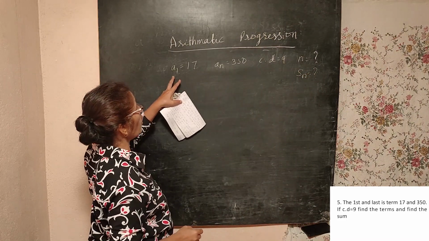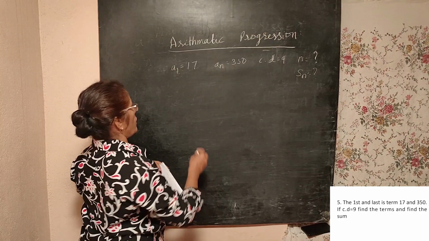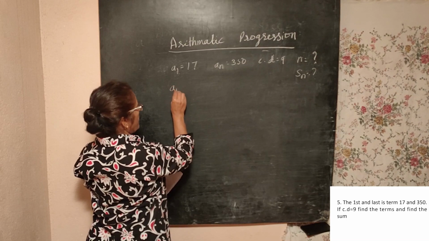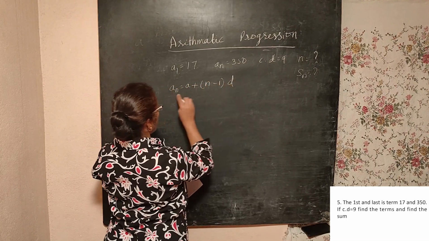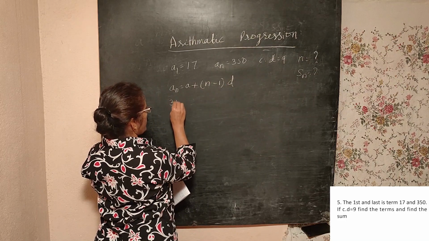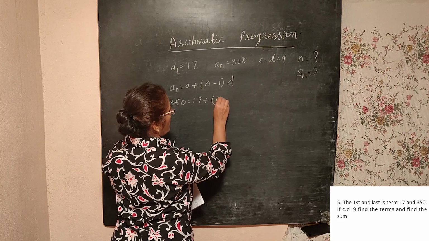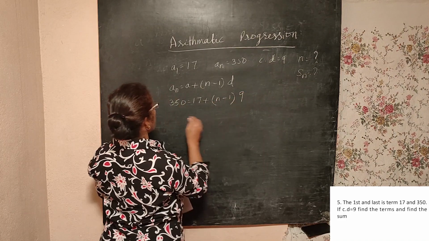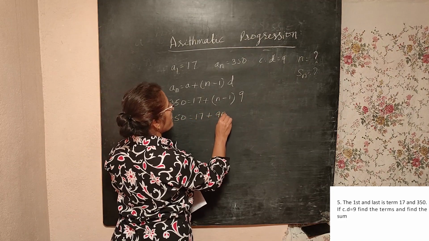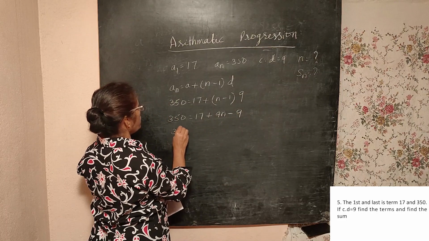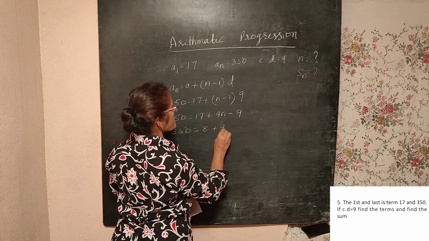So once I know An and A and common difference, I can find out what n is. I can use the formula An = A + (n − 1) × d. An, how much? 350 = 17 + (n − 1) × 9. 350 = 17 + 9n − 9. 350 = 17 − 9, which is 8, plus 9n.